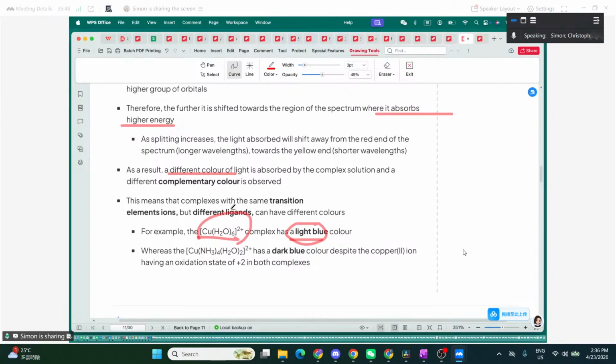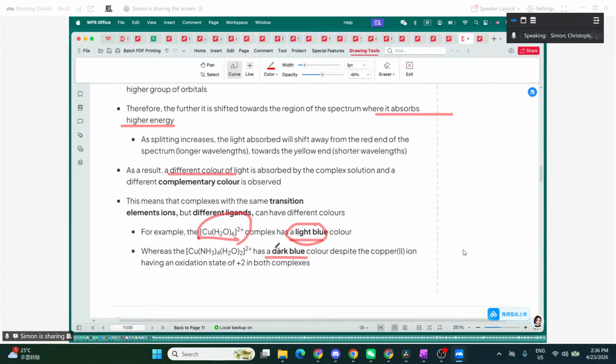For example, why does this complex have a light blue color? Because the complement's color is removed. Whereas this one is a dark blue. We have the oxidation state of positive two in both complexes.